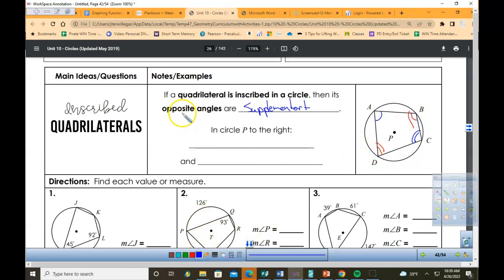Okay? So again, measure of angle A plus C, the ones across from each other, add to 180. So then the measure of angle D plus B equals 180. Okay, let's do one example and that'll be it.